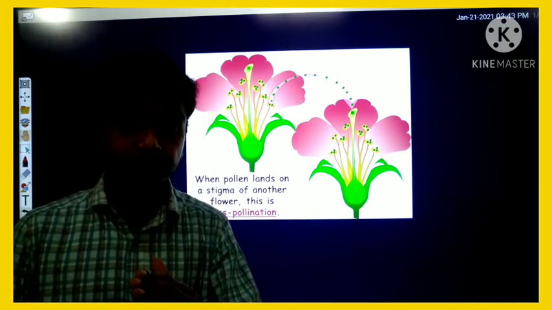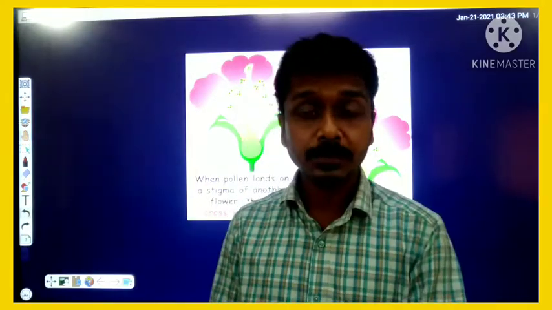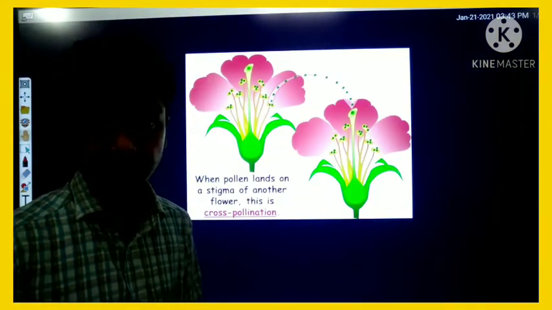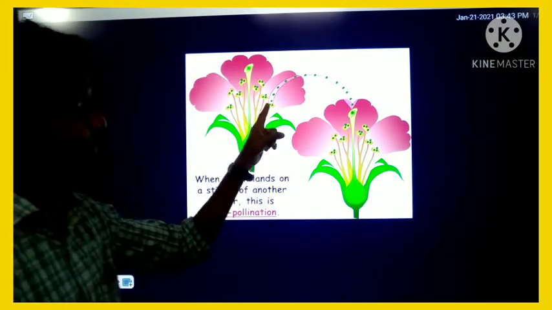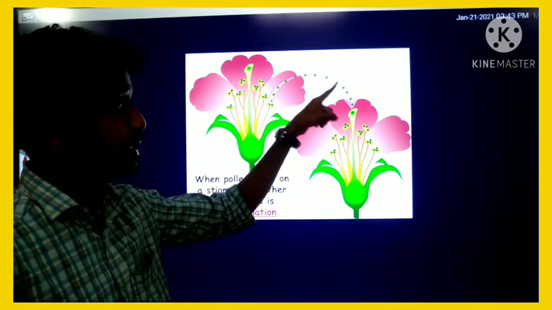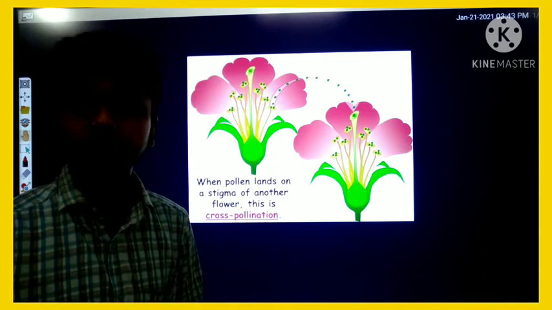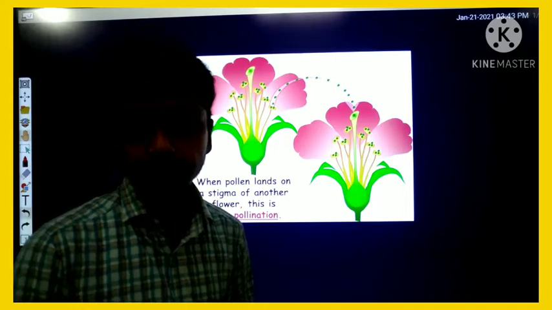If pollen grains are transferring from one flower of a rose plant, they should reach the rose flower of another plant. So cross pollination should happen between two flowers of the same kind of plant.